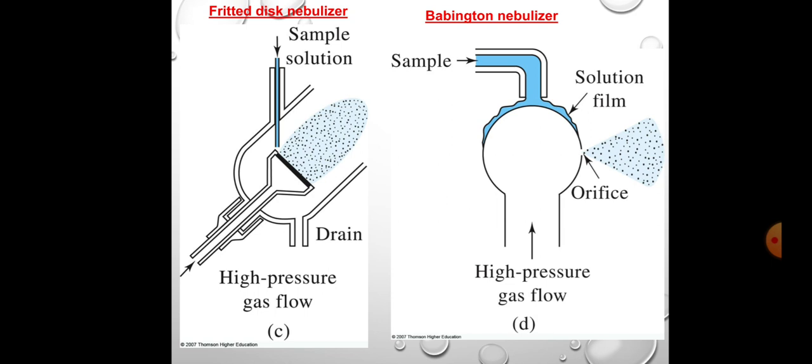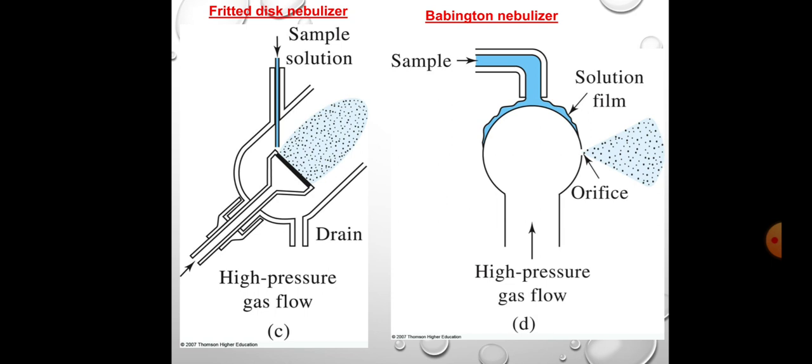These two nebulizers are not as common as the first two, the concentric and crossflow that I mentioned. The concentric and crossflow nebulizers are the most common types, but these two are also used, and especially these two nebulizers are appropriate or suitable for high salt solutions.